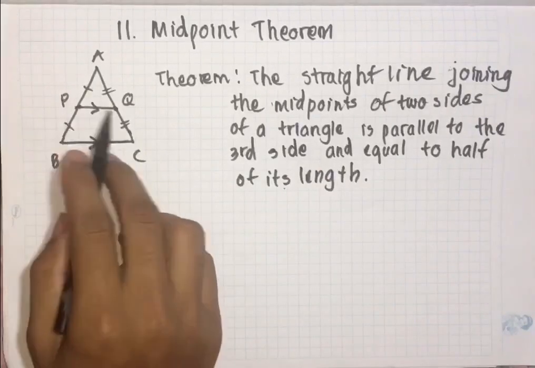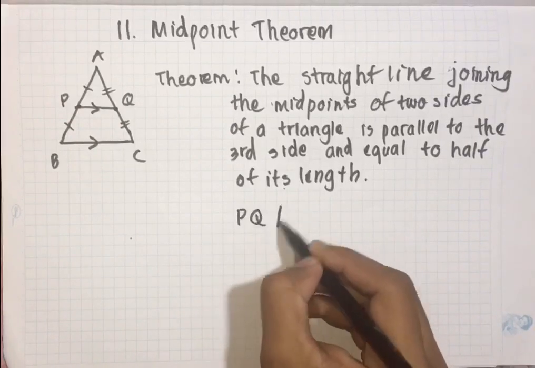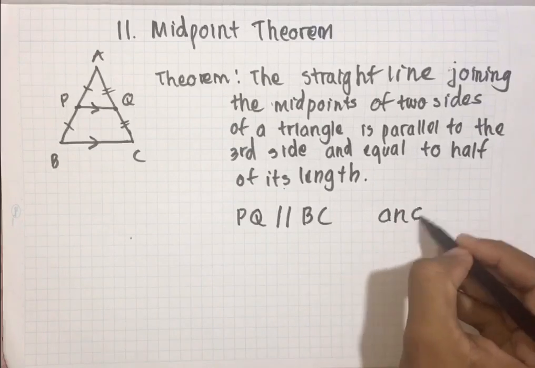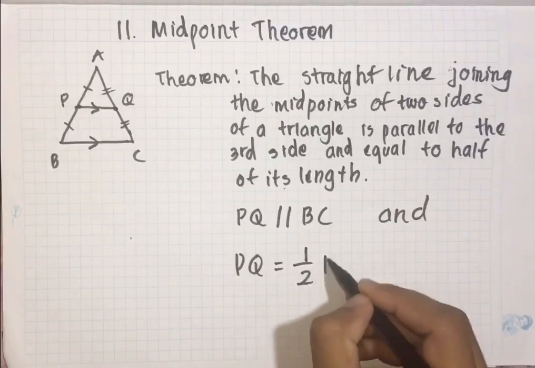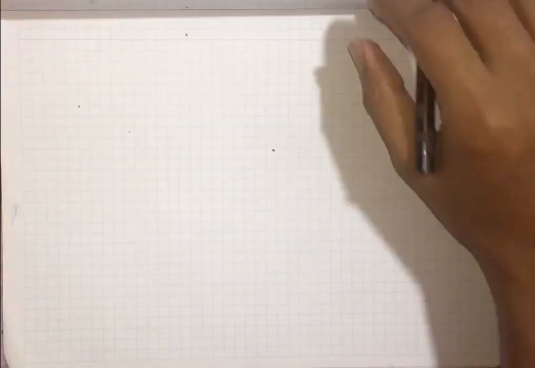Therefore, if you join these two midpoints, you can say that PQ is parallel to BC and PQ is equal to half the length of BC. Is that clear? Now let me show you the proof.